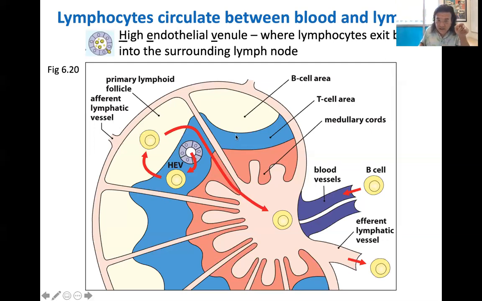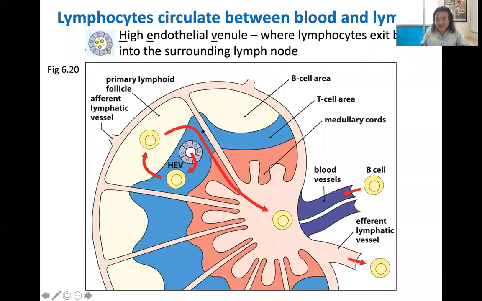The B cell will squeeze its way out of the blood and enter the tissue of the lymph node. Inside the lymph node, the B cell will have an opportunity now to interact with other lymph node cells, and importantly, potential antigens that were brought in here through the lymph fluid that was draining from tissue, for example, from the site of infection.